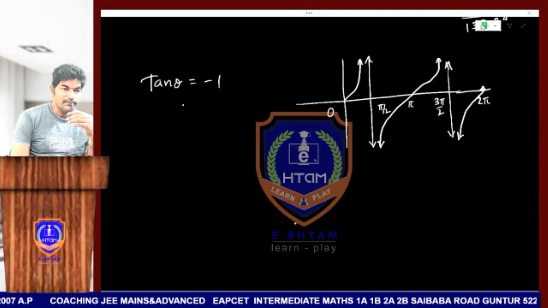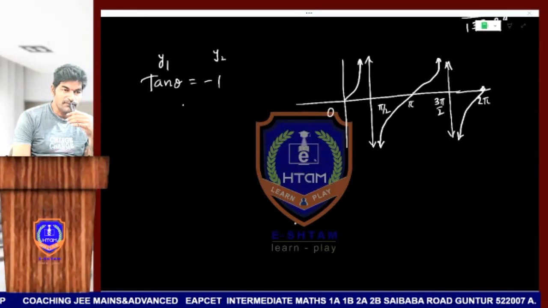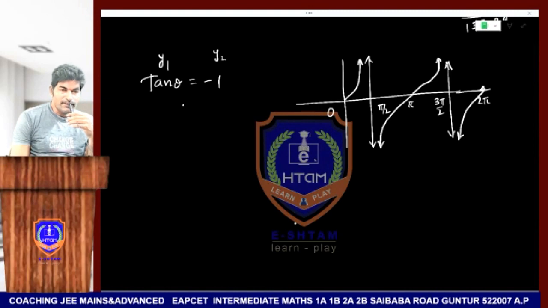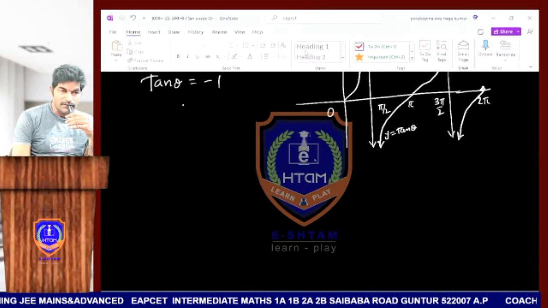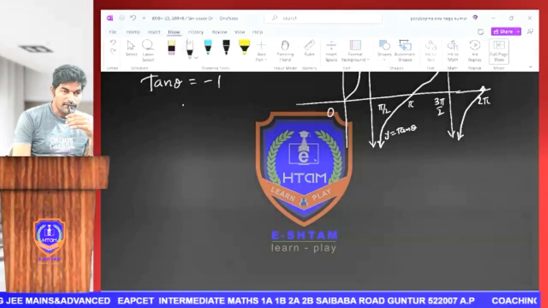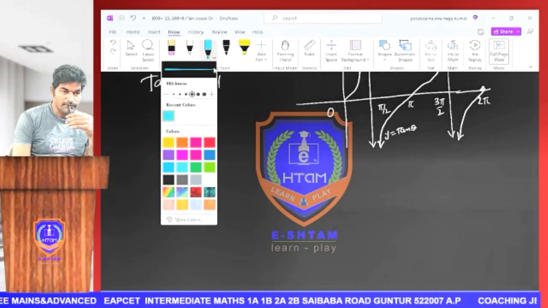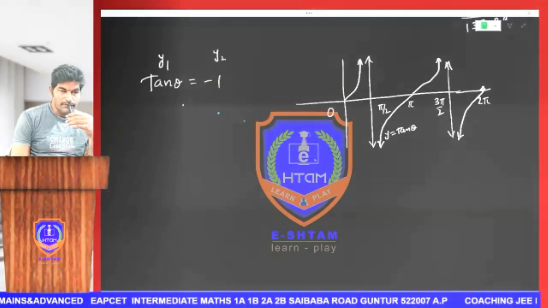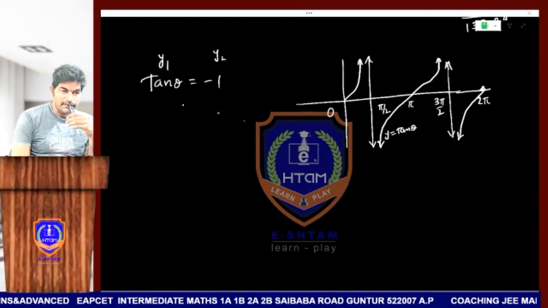And where is -1? Say this is y1 and this is y2. y1 was already drawn, where y equal to tan theta. I will select one more color to draw the second value. The second value shows -1.